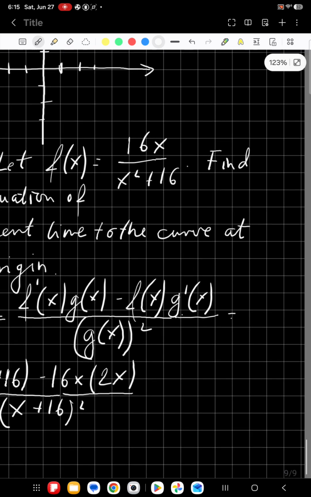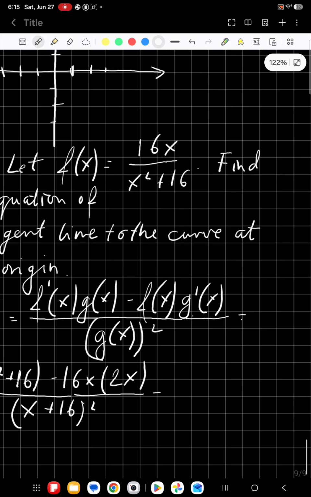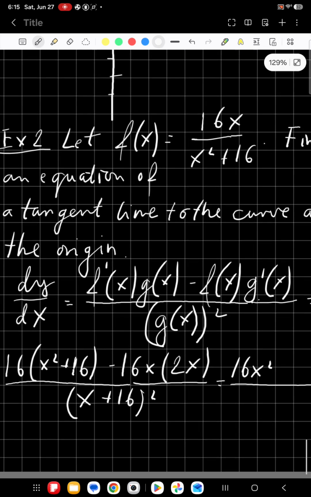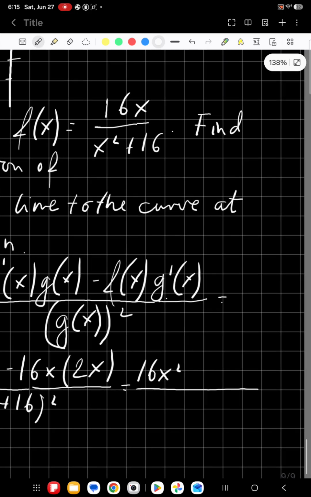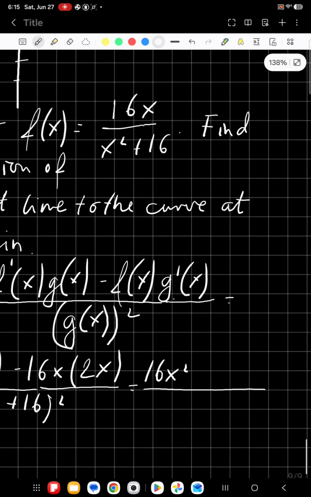Okay, so we simplify it, and we get something like this. 16x squared plus, I'm just looking at it, I think it's right, plus 256 minus 32x squared.